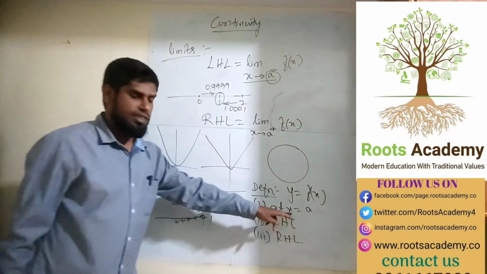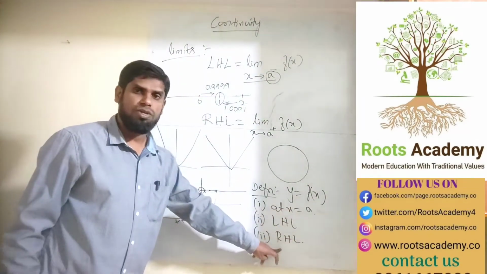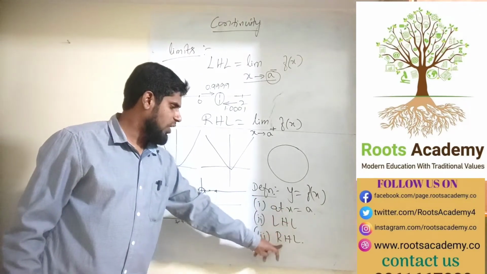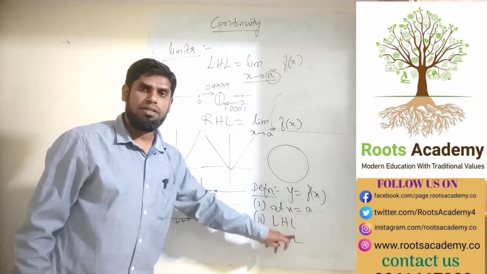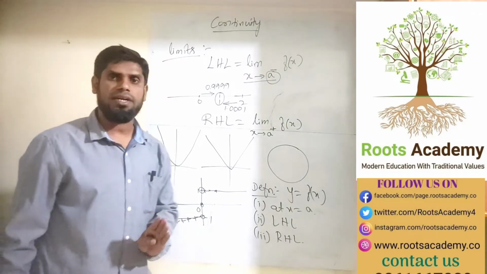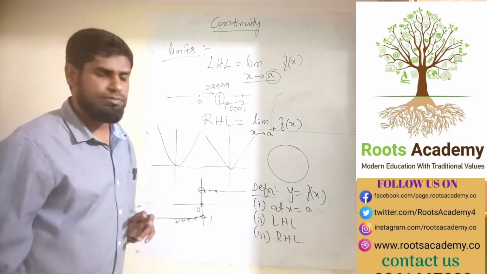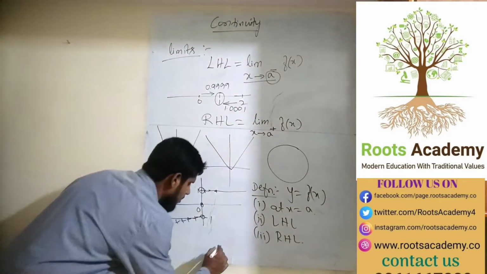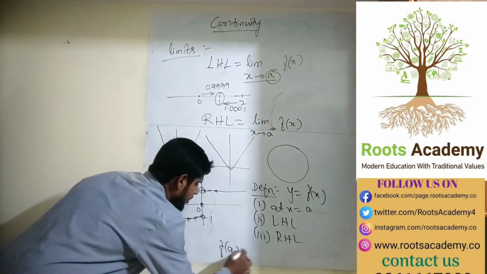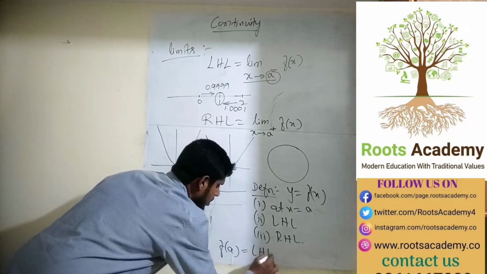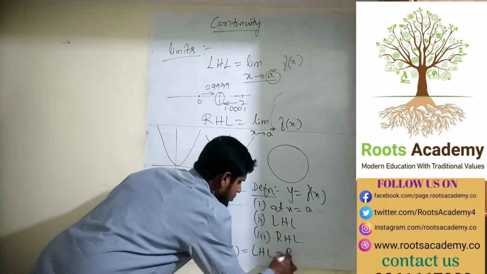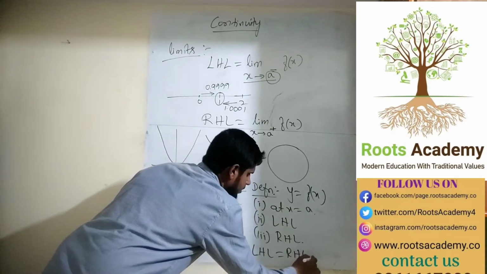So after finding these three things, if all these three values are equal, then we can declare that the given function is a continuous function. That is, f of a is equals to left hand limit, that is equals to right hand limit.